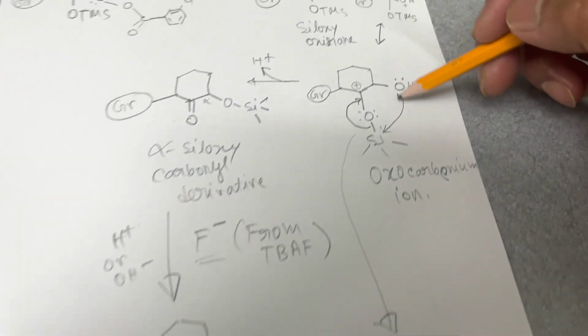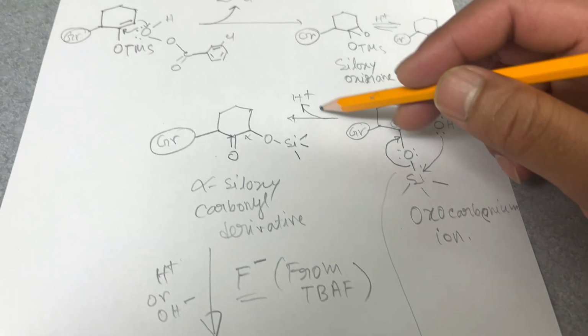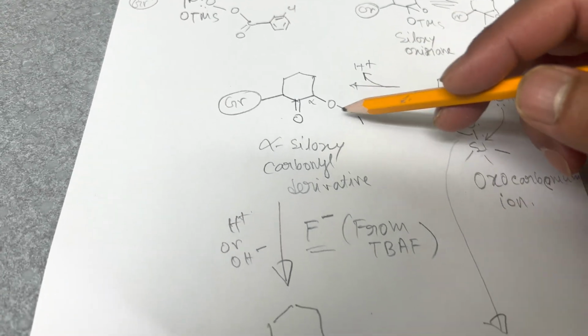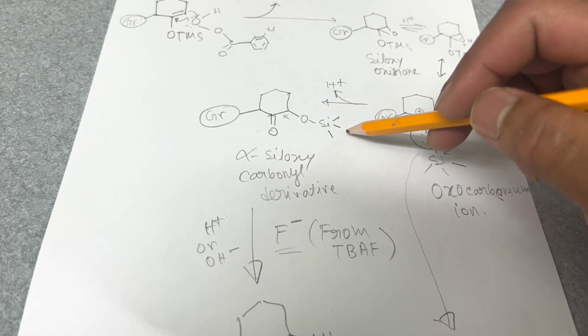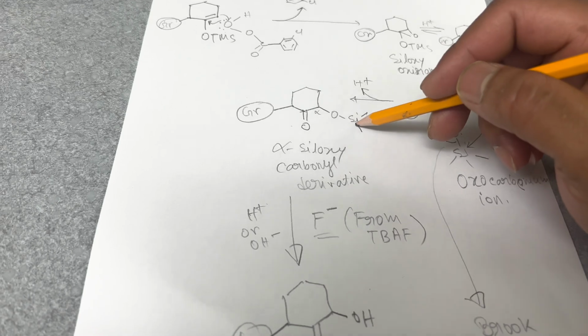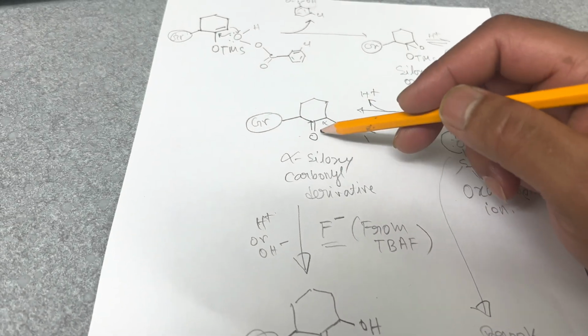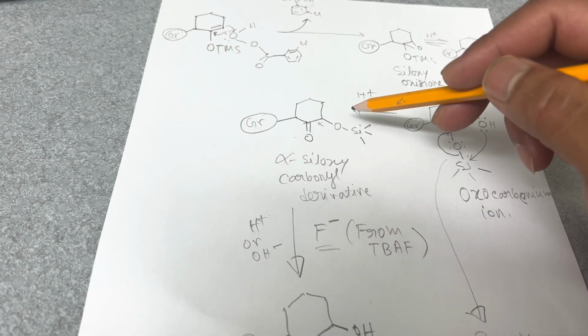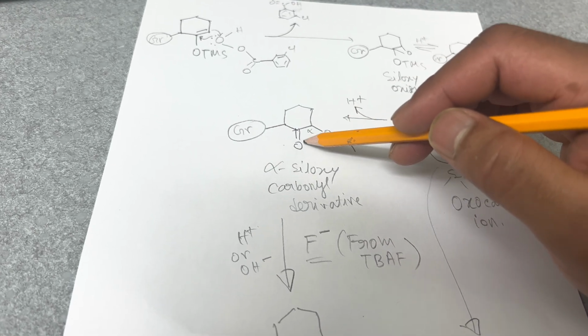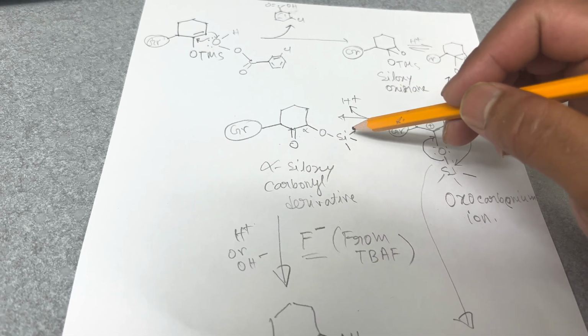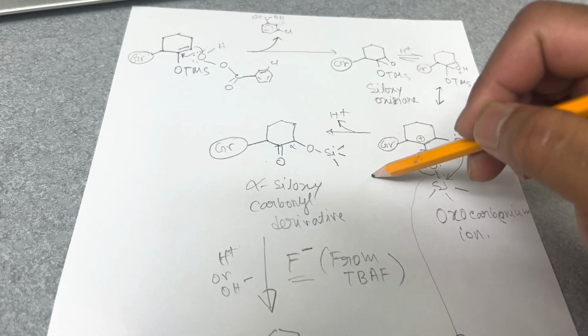Once this migration happens, one proton will be removed, and ultimately you will get the alpha siloxy carbonyl derivative, alpha siloxy meaning oxygen and a silyl group, trimethylsilyl. So that original carbonyl group is back, and now you have to remove this silyl group.